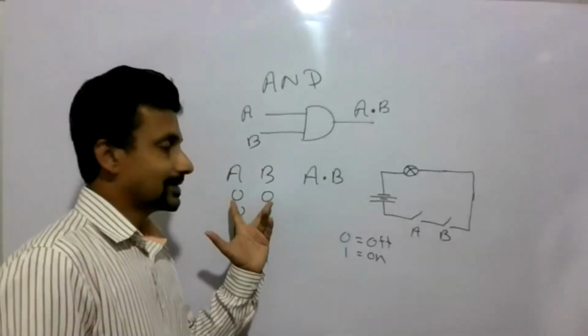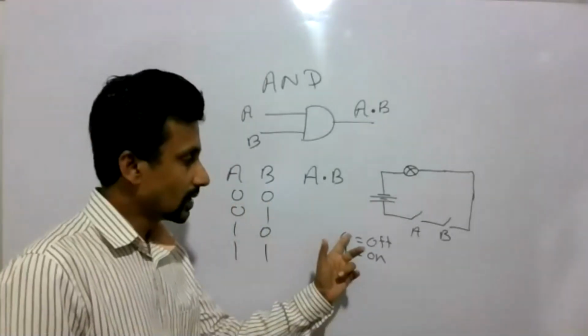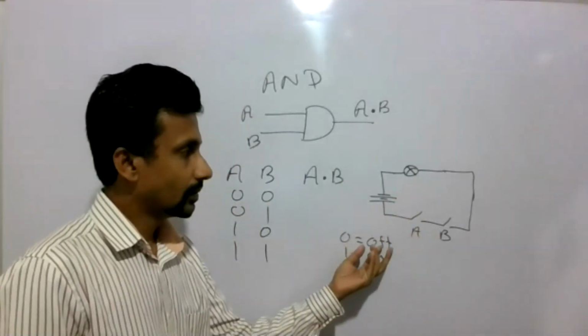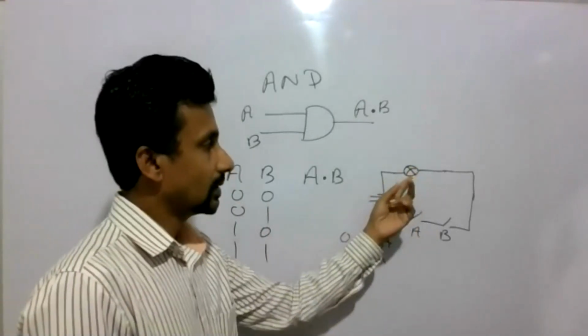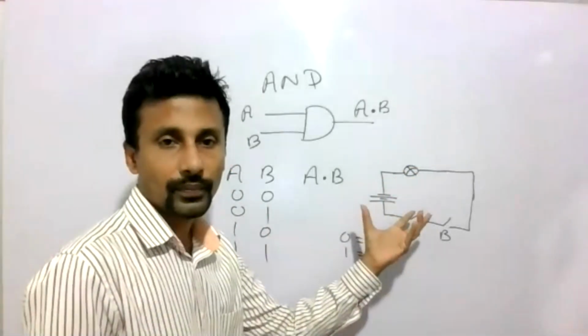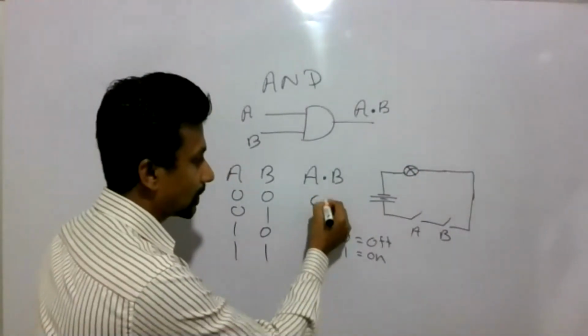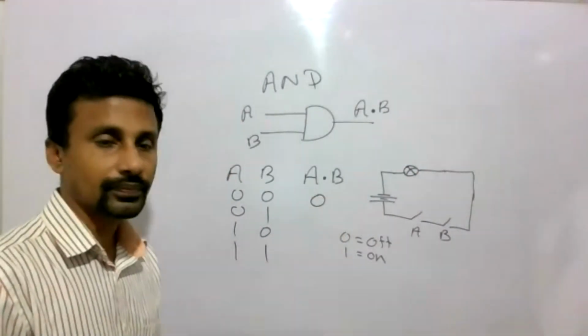So if these 2 switches are 0 0, what does that mean? According to this circuit, both switches are off. So what will happen to this bulb? Will it light? No. So the bulb stays off, and you can represent it with 0.